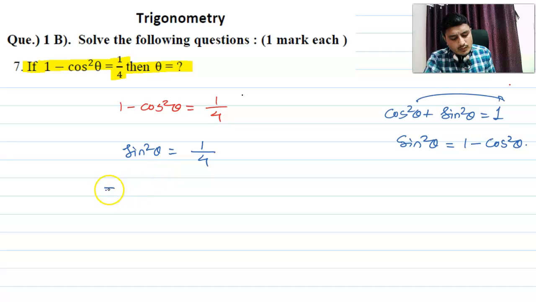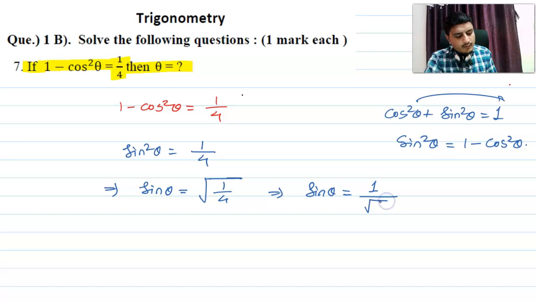Once we take the square root on both sides, the square root of sin square of theta is sin of theta, while the square root of 1 upon 4, once we separate the square root of numerator and denominator, is square root of 1 which is 1, and square root of 4 which is 2. So the sin theta value is 1 by 2. Looking at the LHS, there is a sine ratio.